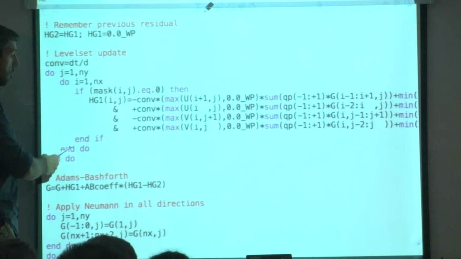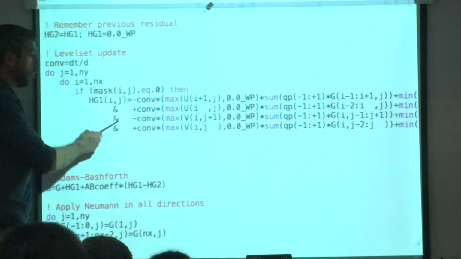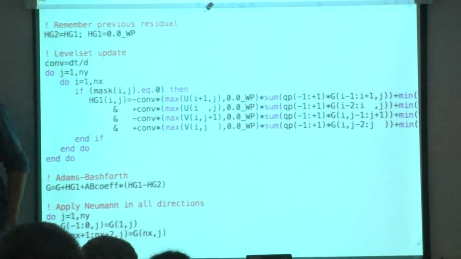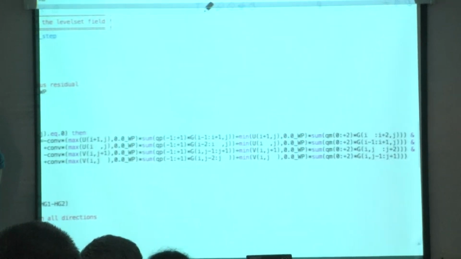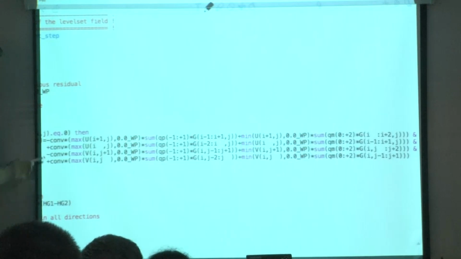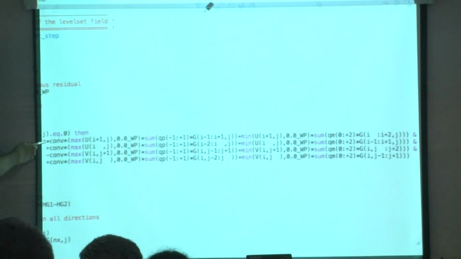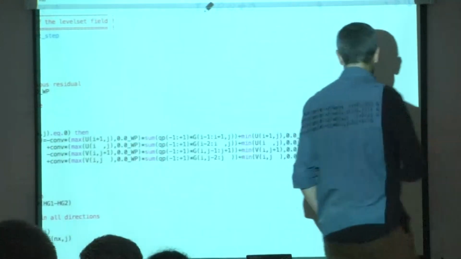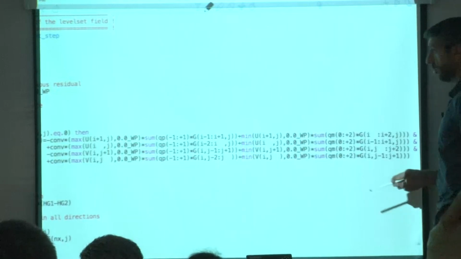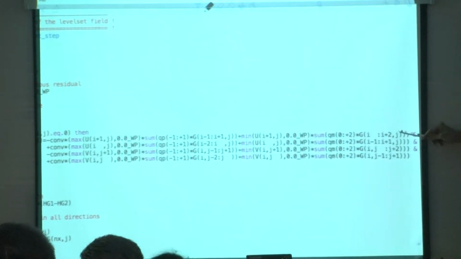I'm looping over the entire domain, and at each point what I'm basically computing is the full residual, so I'm taking the divergence of my fluxes, which looks like this here. So there's 4 lines. The first 2 are the x fluxes. The second 2 are the y fluxes.